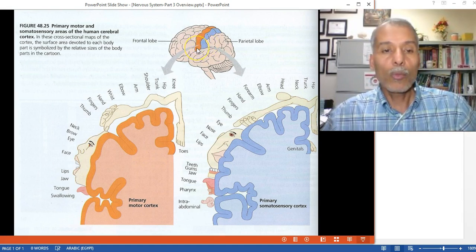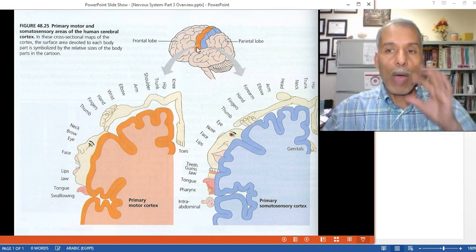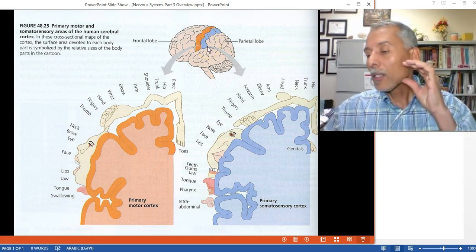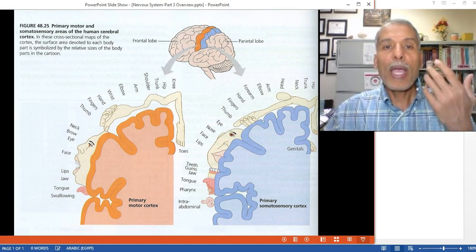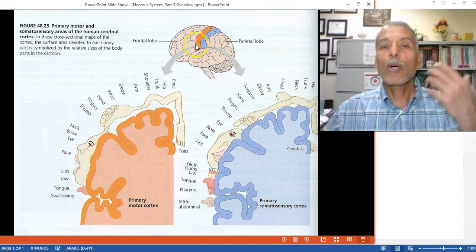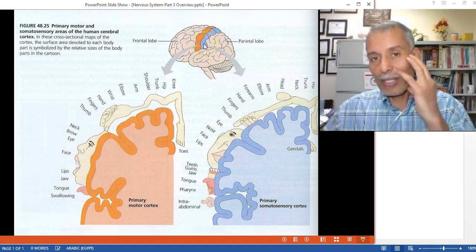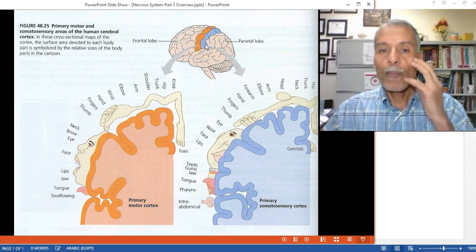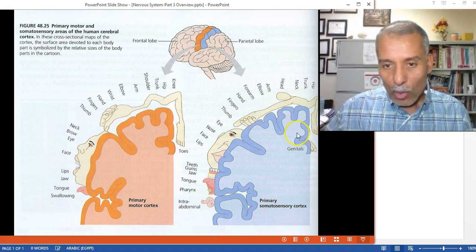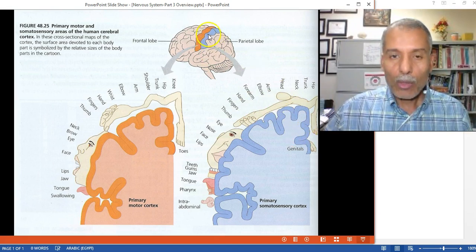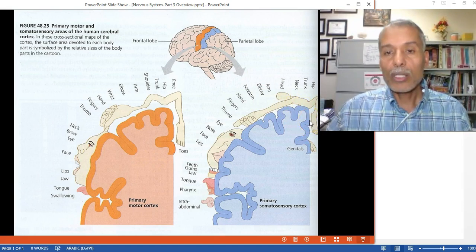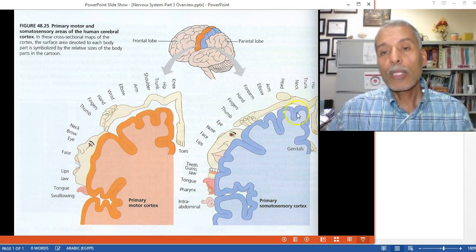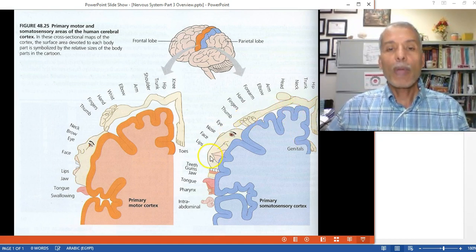Like you move the jaw, open your mouth, and on the other side, signals about pain or pressure or whatever sensation you get from your jaw go right next door. So every segment of the primary somatosensory cortex is represented here, but this one, the blue, gives you sensations. It doesn't move things, but it gives you sensory information.